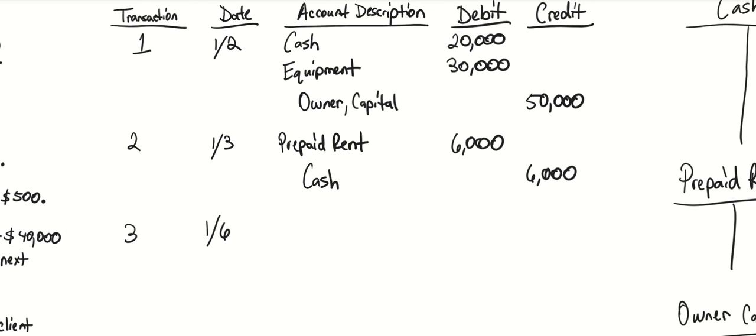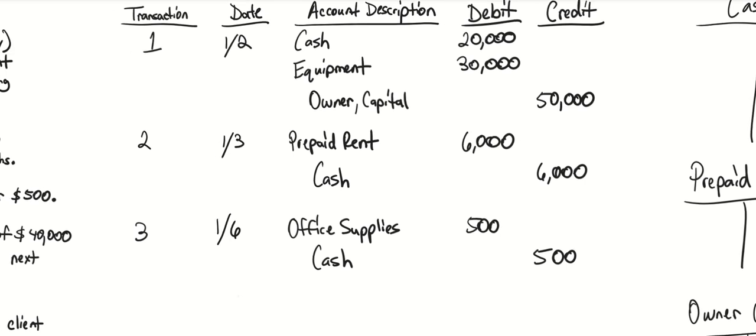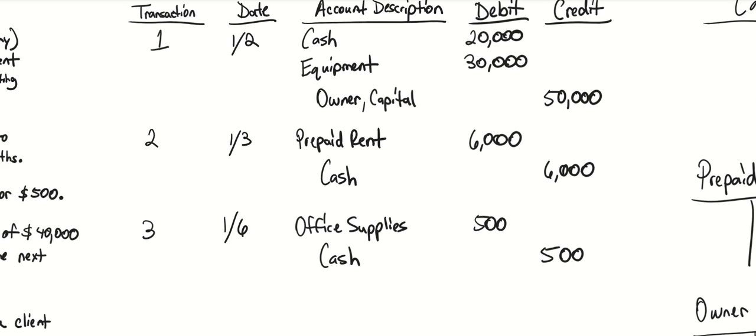We know that office supplies was acquired, which means that office supplies is going to be debited for $500. Office supplies is an asset because it does have value. Now, how was the office supplies acquired? It was acquired by cash. So we're going to credit cash for $500. We are balanced, the debit and credit columns, and we can move forward.